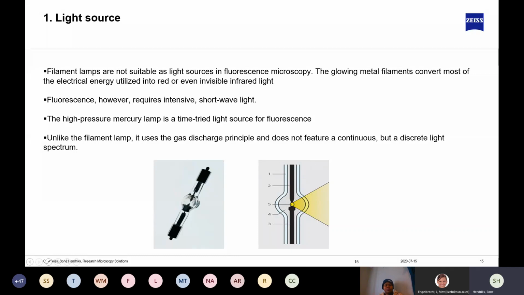Once you've worked with it, you also have to wait for it to cool down before you can switch it on again. So there is always at least a 30-minute wait before you can start working for it to warm up, and there's also at least a 30-minute cool down before you can switch it on again. These lamps also have a specific lifetime.